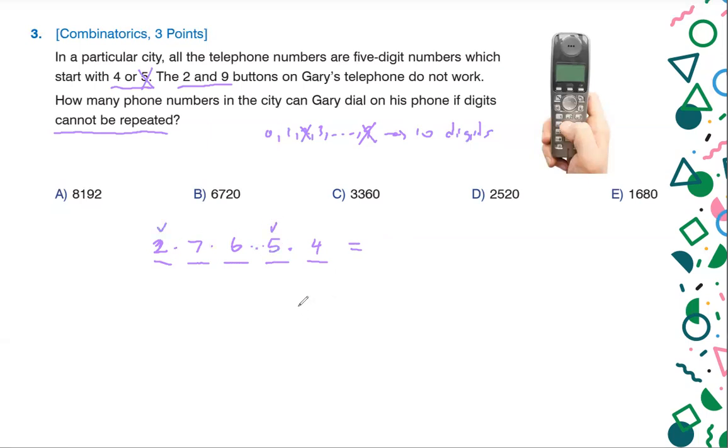Multiply these two, which is 10, and 7 times 6 times 4 times 2. So we have 42 times 4 times 10. 4 times 4 is 16. That's 160. 4 times 2 is 8, 168. But you need to multiply by 10 as well. So that is our choice E.